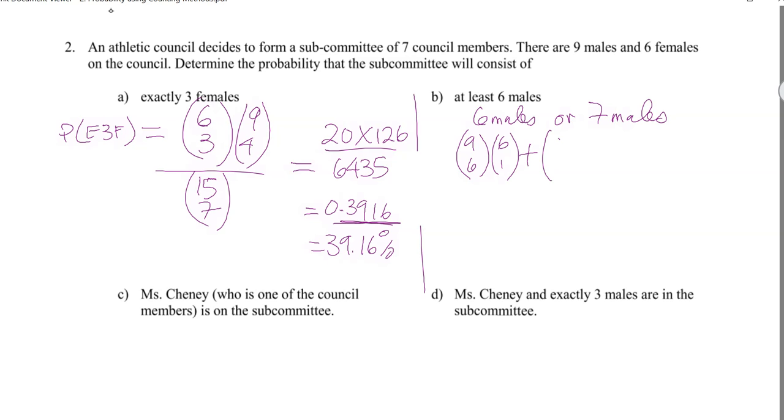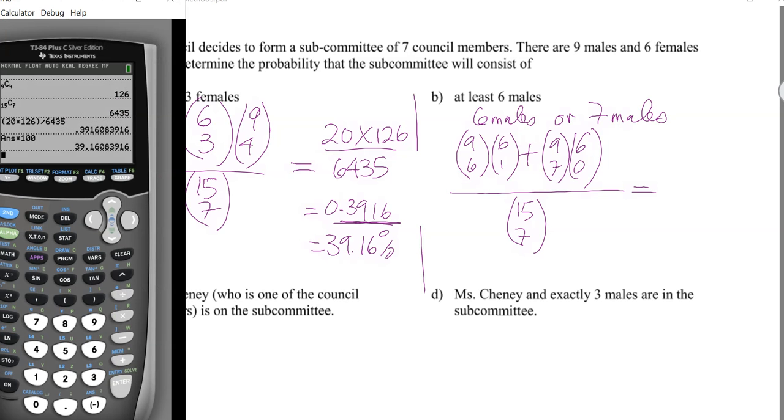Plus 9 choose 7. You can put this in or not, 6 choose 0. And our denominator is always going to be the total number of committees. So 15 choose 7.